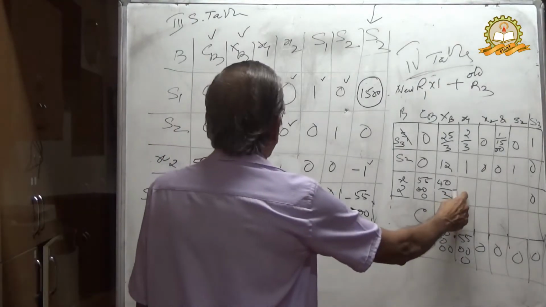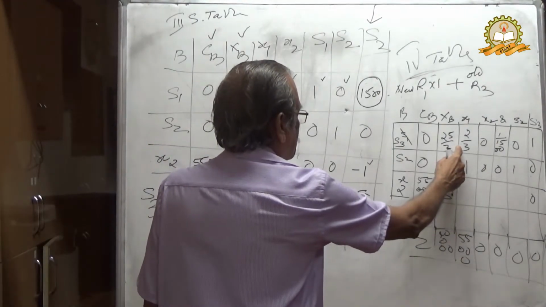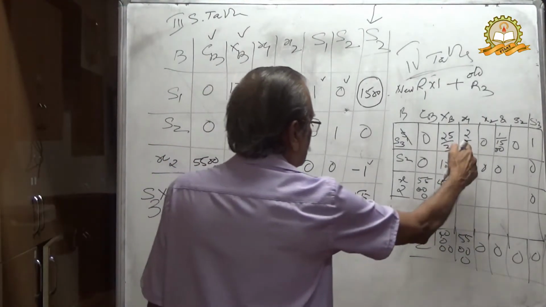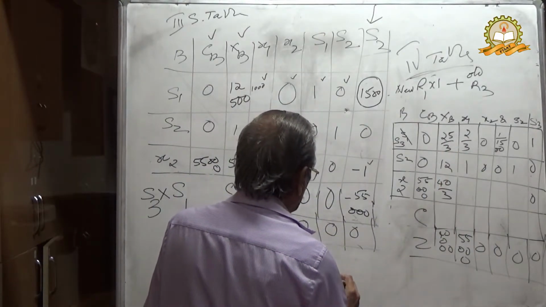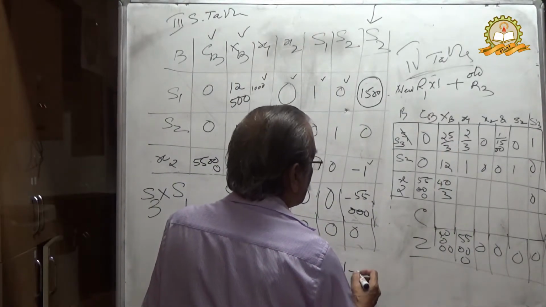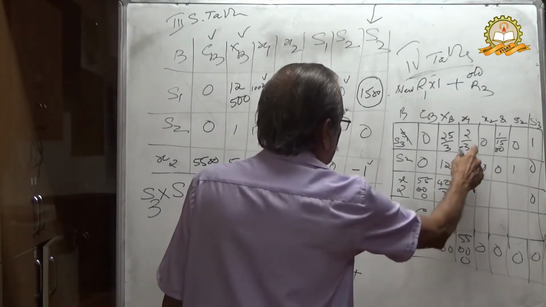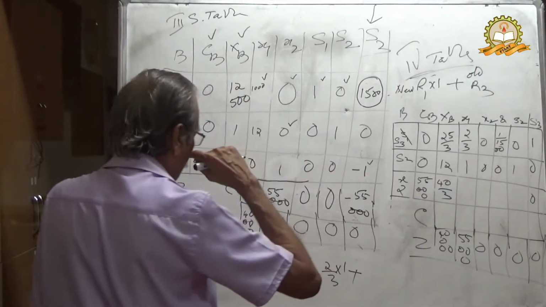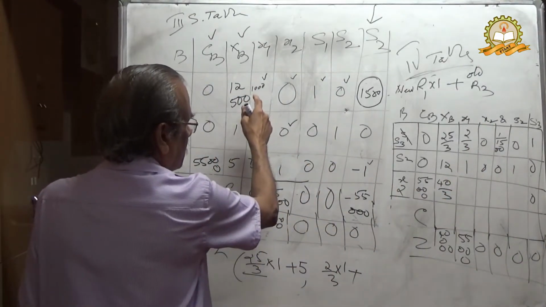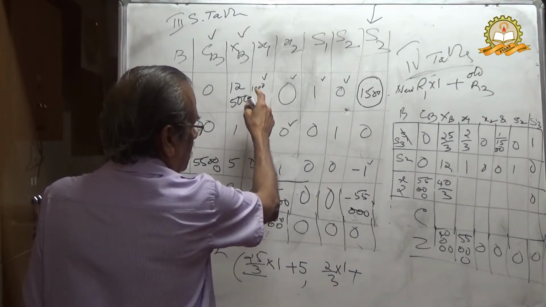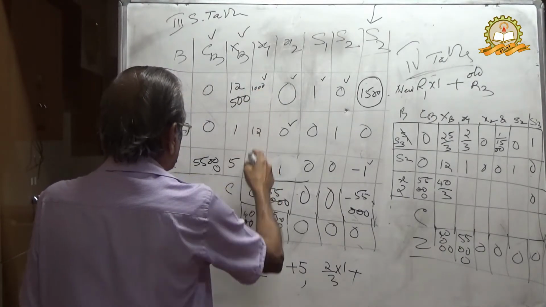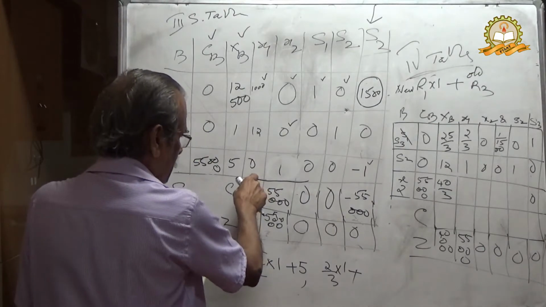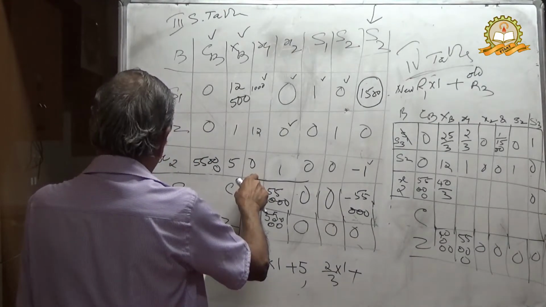Then under this column, this into 2 by 3 into +1 plus, under X1 it is 0.